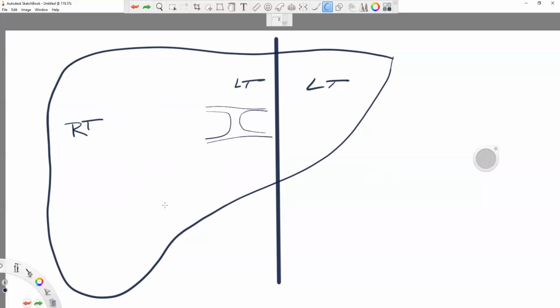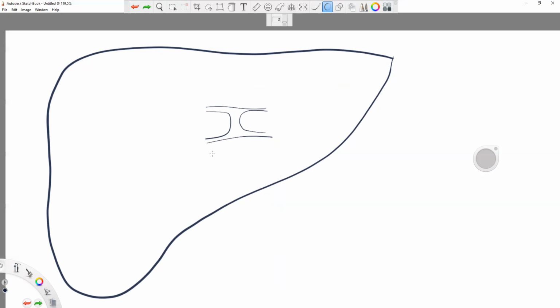I'm going to get rid of this, though, because I want to talk about the middle hepatic vein a little bit more. So what does that mean? My little man is over here. What that means actually is that there is more of an attachment that goes into the right portal vein.